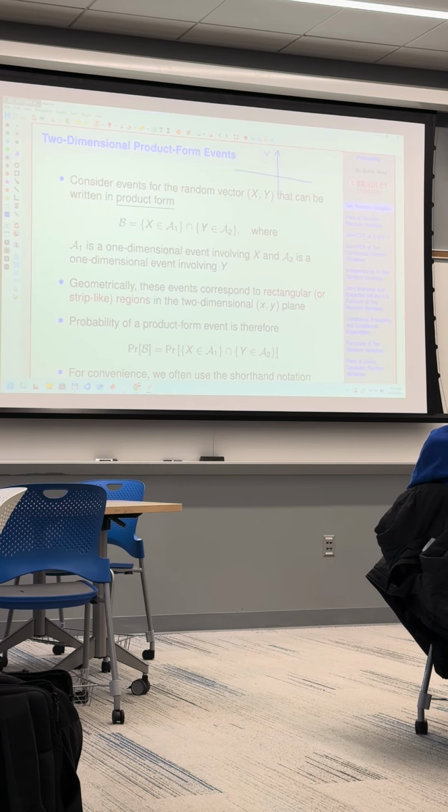In two-dimensional space, this is your y, this is your x, and then let's say this is the event B. Now, this portion is your set A1, and this portion is your set A2.